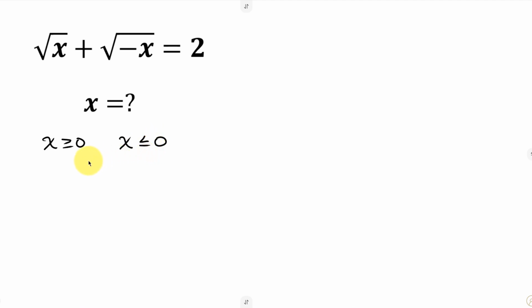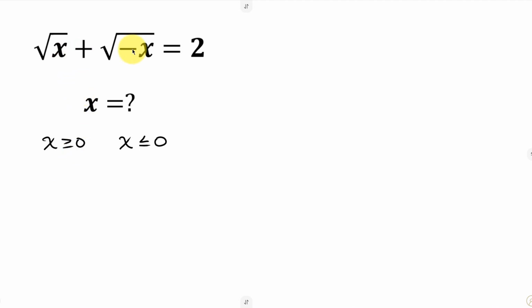So we need one value of x that satisfies these rules. And the only value of x that we can say maybe, yes, satisfies these rules is 0, because the number that is both positive or 0 and negative or 0 is 0, right?